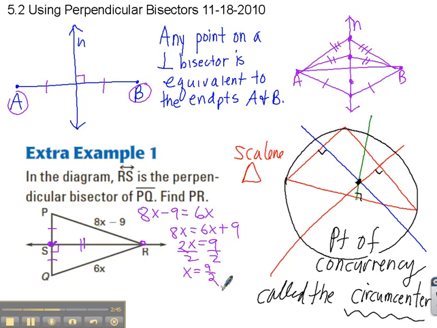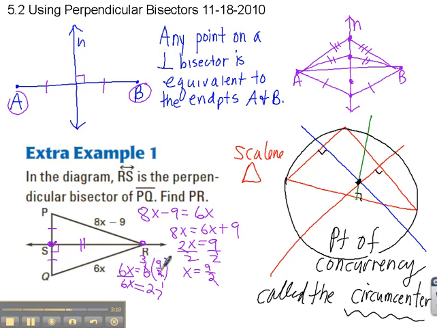I need to put it back into one of these congruent sides in order to find PR. I'm going to take the simplest and say 6x equals 6 times 9 halves. So this cancels, and I'm going to get 6x equals 27, 3 times 9.